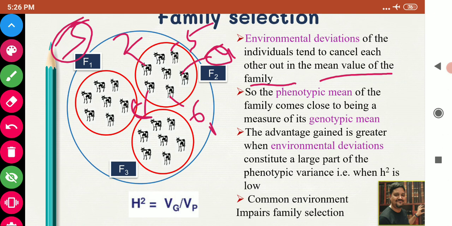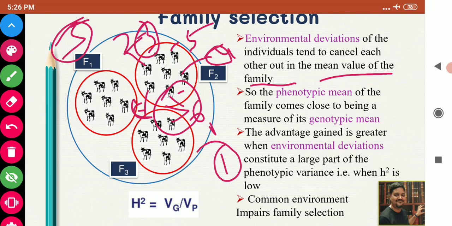So this deviation, 5 minus 6, is 1 liter, then 2 minus 5 is minus 3 liter, then 8 minus 5 is 3 liter. So all these deviations will cancel out from each other, and this will give you the idea of the mean genotypic value of that particular family.